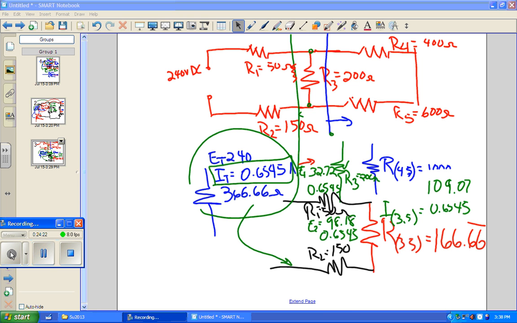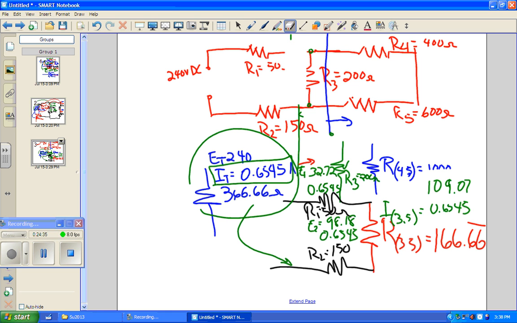Okay, so our voltage drop across everything to the right is a series branch because we're creating an equivalent resistor here that is standing in for everything to the right of the green line.